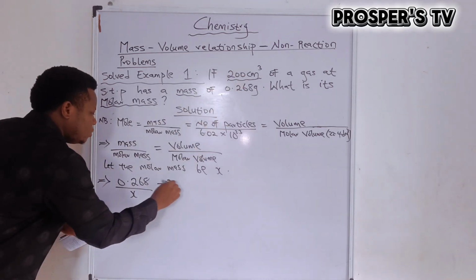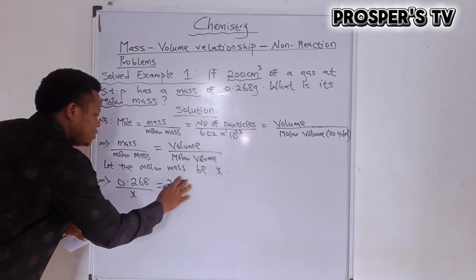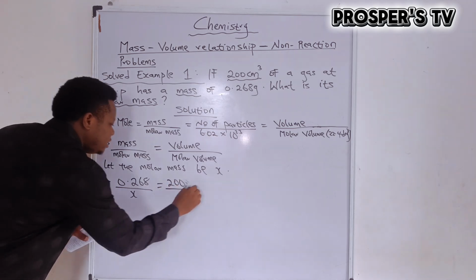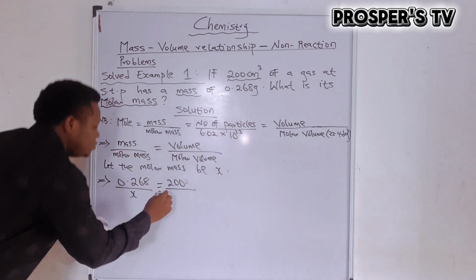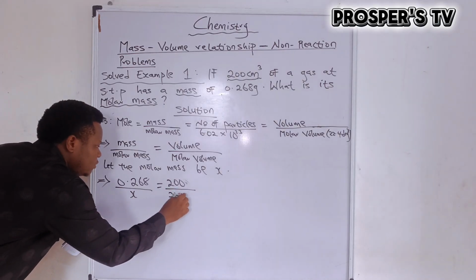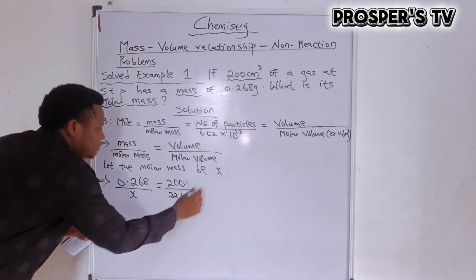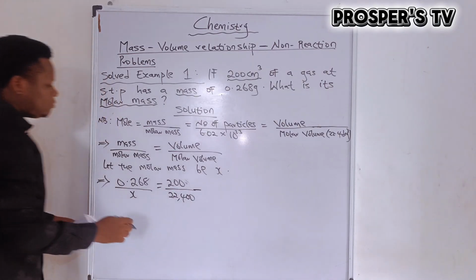is equal to the volume given in the question, which is 200 centimeter cube. Okay, let me do it without the units. Divided by the molar volume, I'm making use of 22,400 centimeter cube.